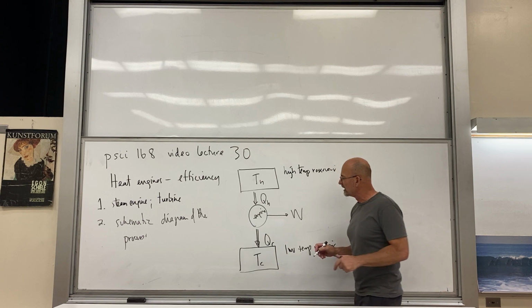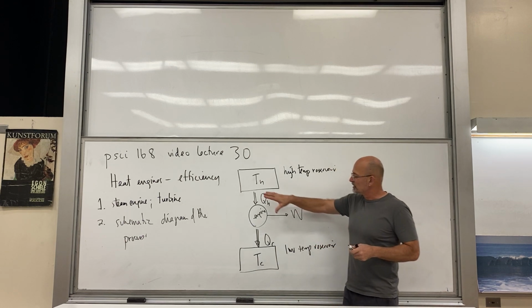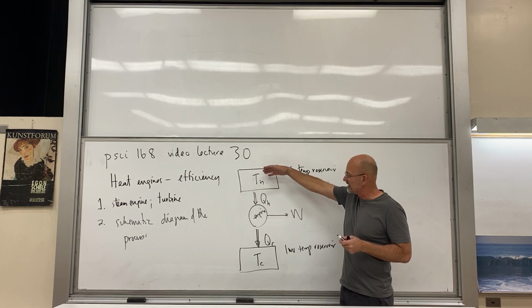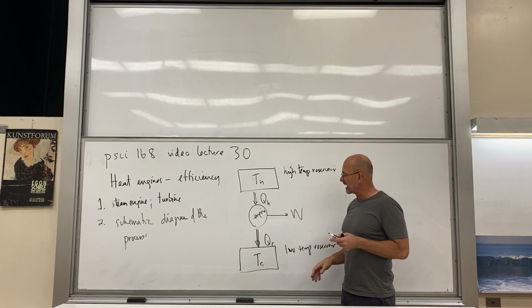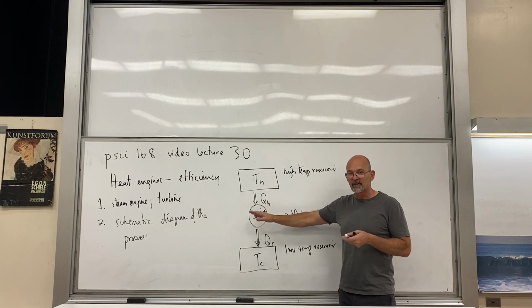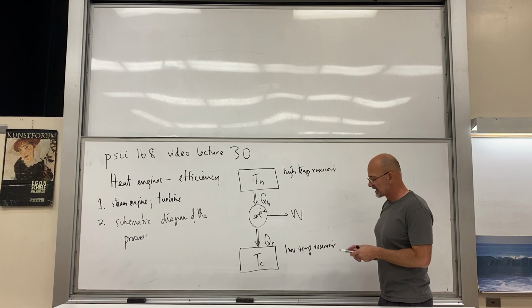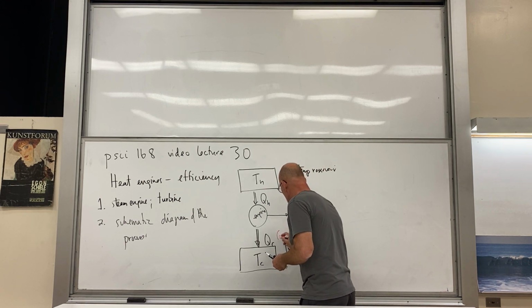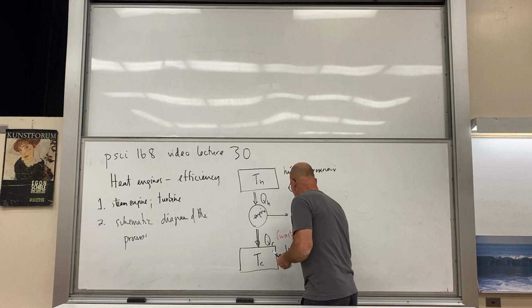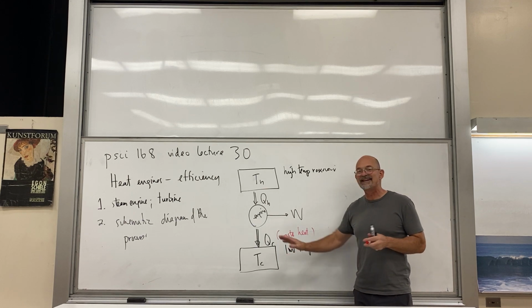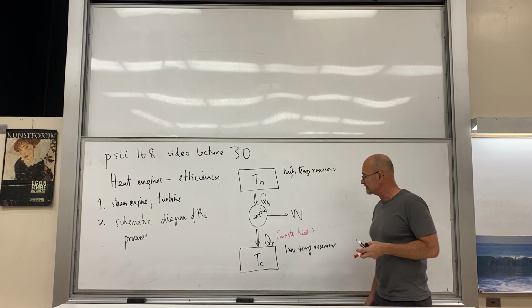We're taking thermal energy at some higher temperature and extracting work from it, and there has to be exhaust. There has to be some waste heat, so to speak. This is sometimes referred to as waste heat. But it's a natural part of the process, and it's a necessary part of the process.